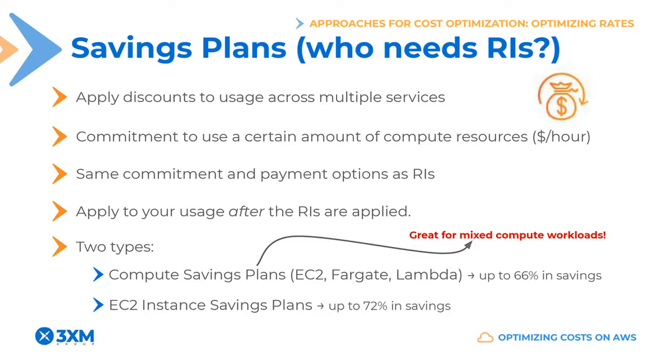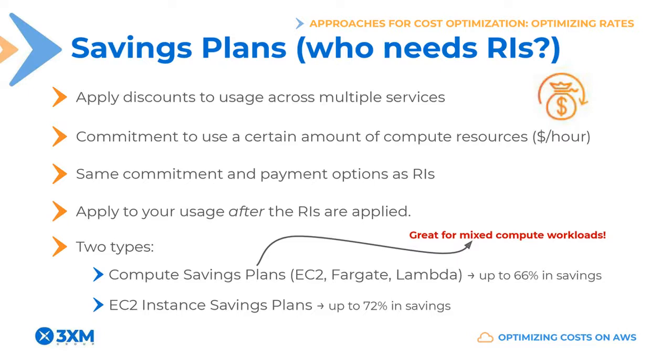So savings plans are basically a flexible form of committed use discounts that allow you to save money in exchange for making a commitment to a consistent amount of usage, which is measured in dollars per hour. Now, savings plans come in two flavors. One is EC2 instance savings plans, which provide the largest discount, up to 72%. EC2 instance savings plans cover usage of different sizes of the same instance type.